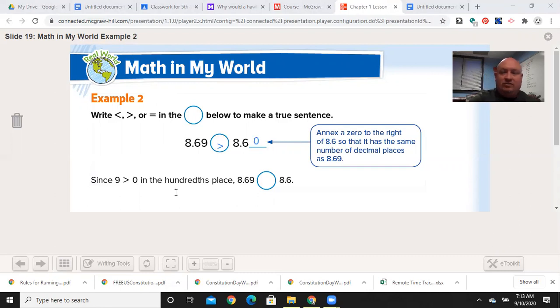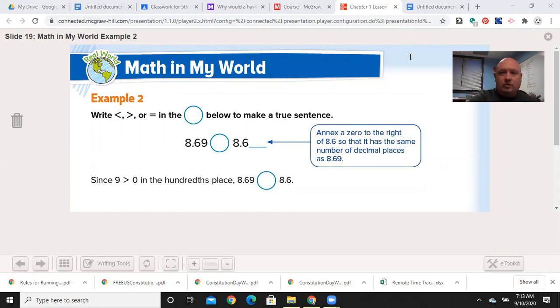And 8.69 is greater than 8.60. Since 9 is greater than 0 in the hundredths place, 8.69 is greater than 8.6. Take a good look at it. Let's do 2 more together on the guided practice.